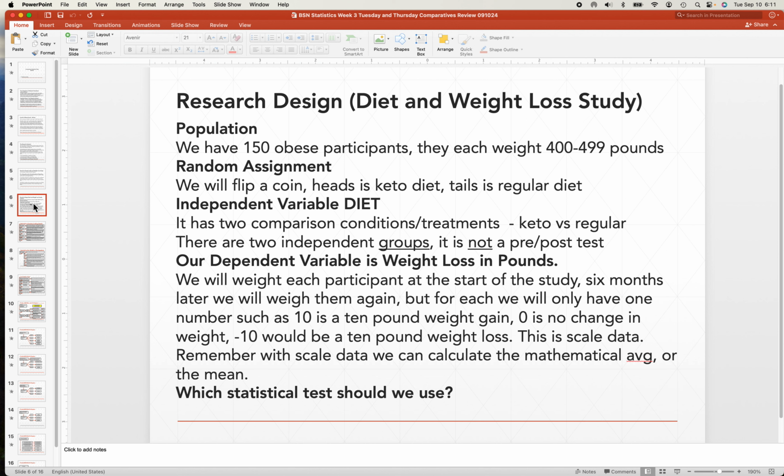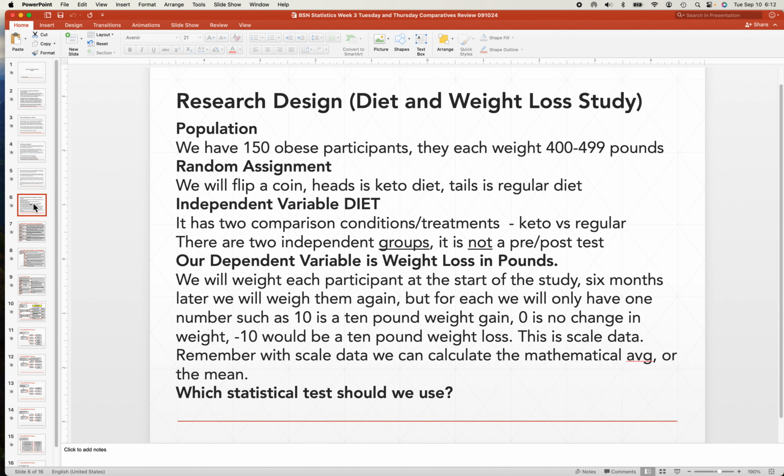In this study, we don't have a pre-test, post-test situation. That's important to note. A pre-test, post-test would be more like we were following the 150 patients. We've been following them for 6 months. They've been on a regular diet. Maybe they haven't been successful in losing weight.